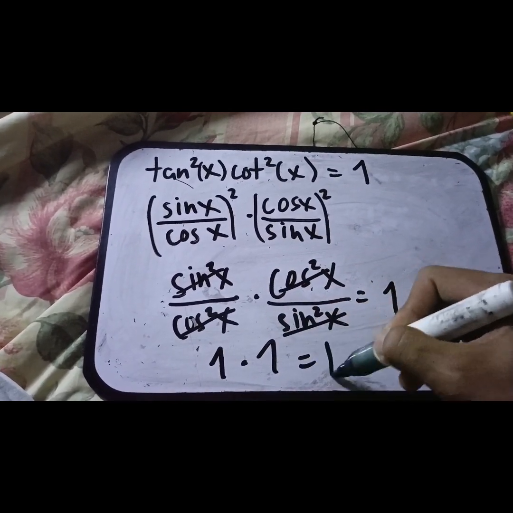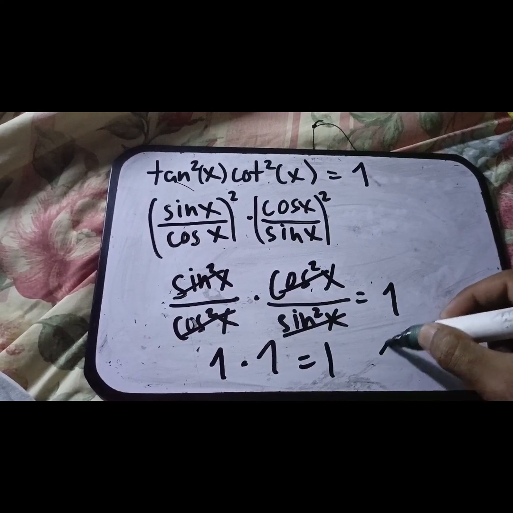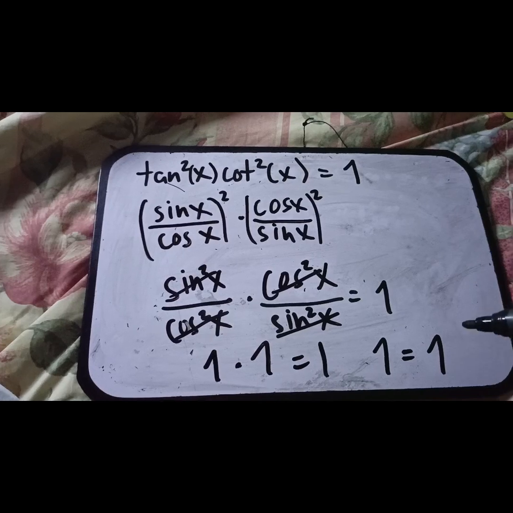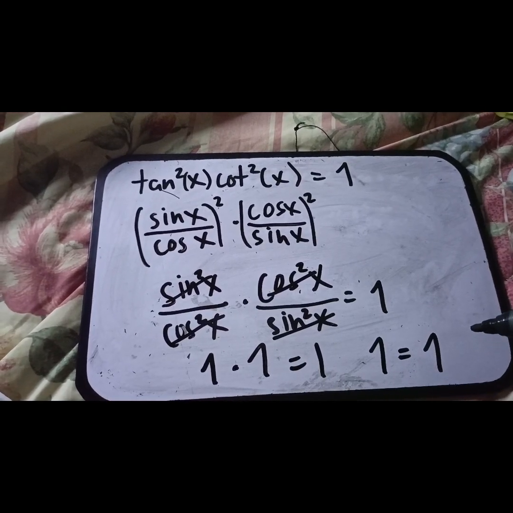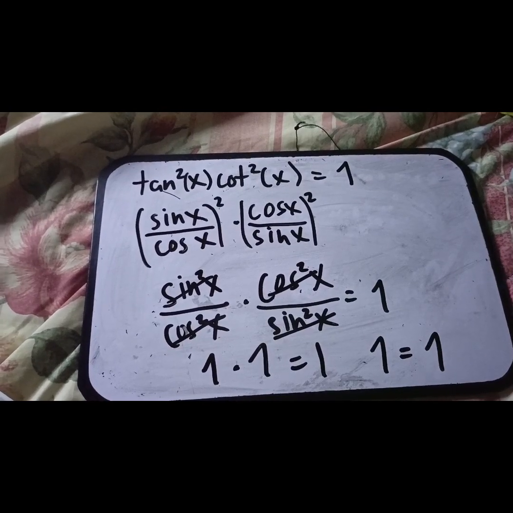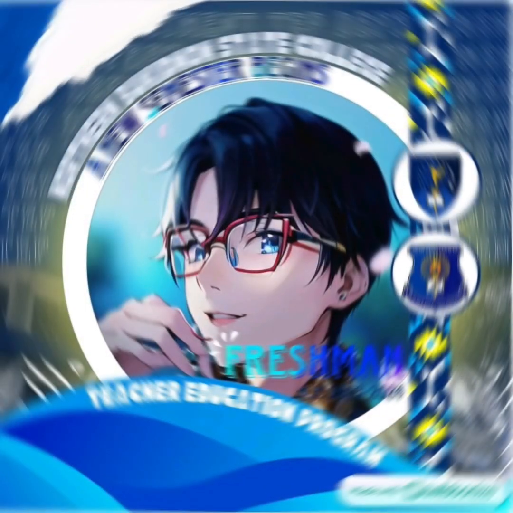They're going to be equal to 1 times 1, which is equal to 1. So we make both sides equal, 1 is equal to 1. And that is all for our second problem. They're both equal now, so you are done.